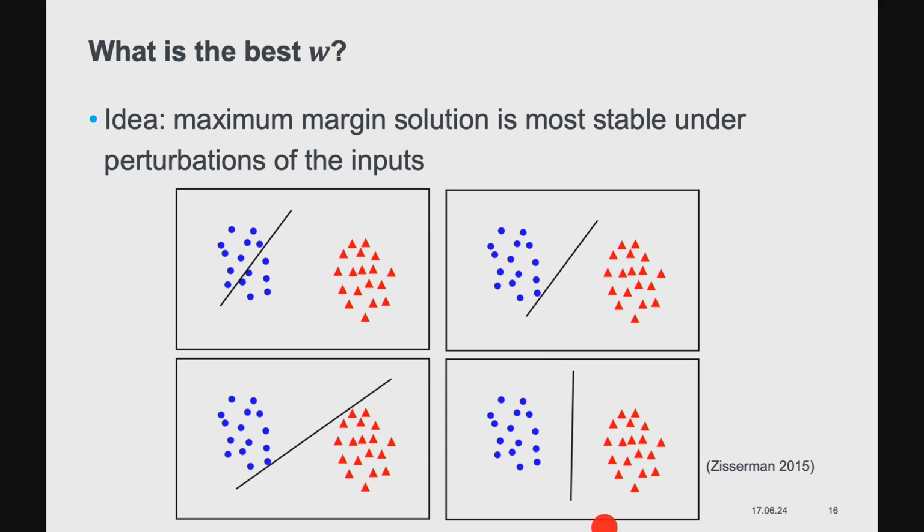line. And this is a very good separating line, because this separating line is far away from all of the examples. Being far away from all of the examples of the positive and negative classes is intuitively good, because even if these examples wiggle around a little bit, which they always do because they are always samples from an underlying distribution, then we would still come up with the same, or at least a very similar result.